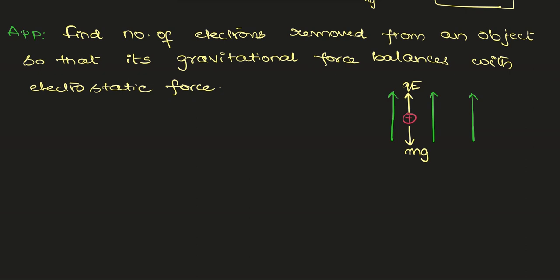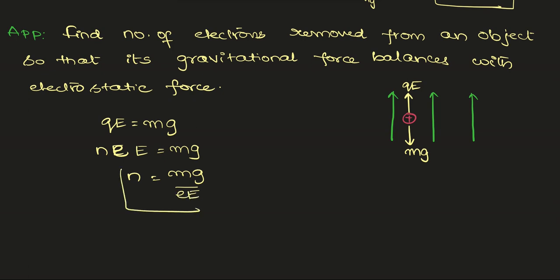Now as they are balancing, QE will be equal to mg, or Q is nothing but n into e, where e is the charge of the electron, that is equal to m into g, or the number of electrons removed will be mg by e into E. This is about the number of electrons removed from that charged particle so that it can balance the gravitational force.